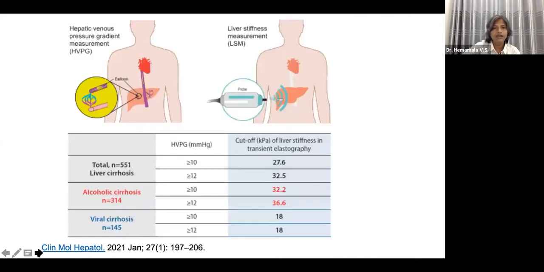So they have looked at that, and what they have seen is that those with alcoholic cirrhosis, for detection of a clinically significant portal hypertension, have a much higher cutoff, somewhere around 30s, compared to other cirrhosis. So this needs validation in other studies.